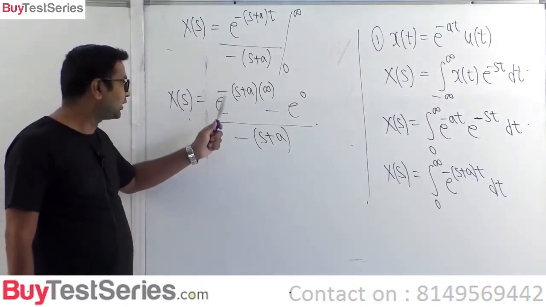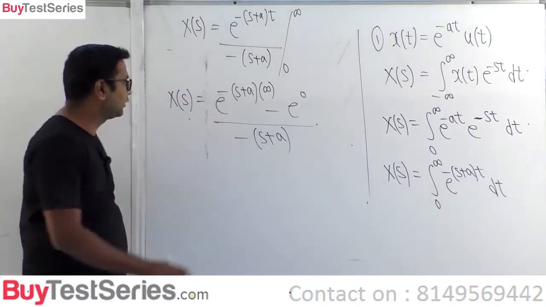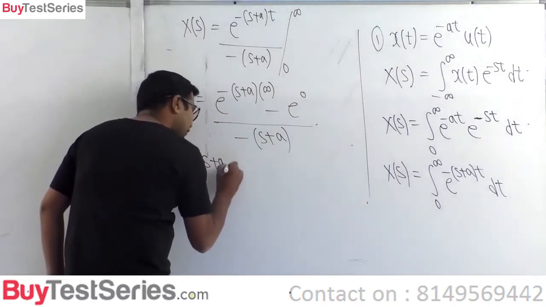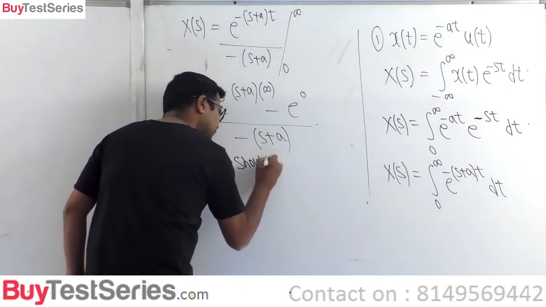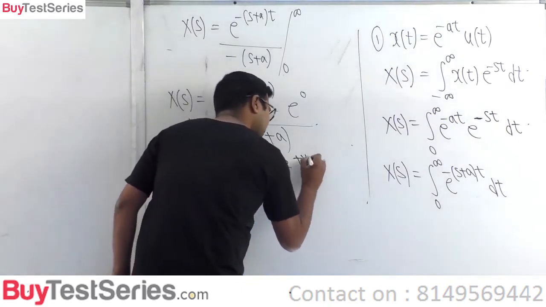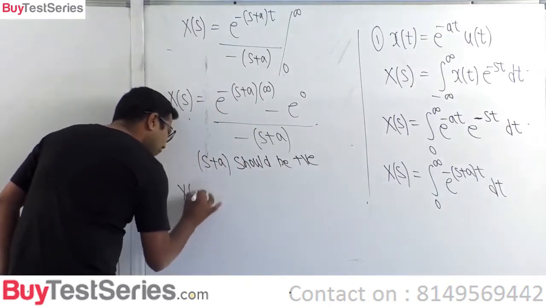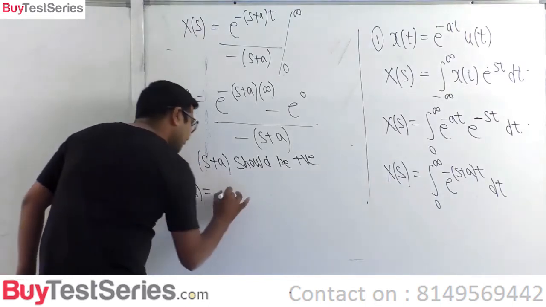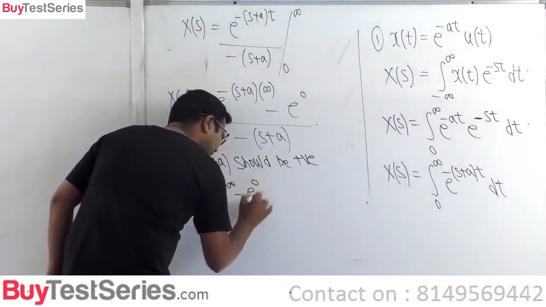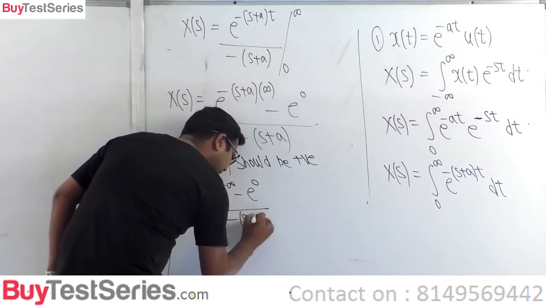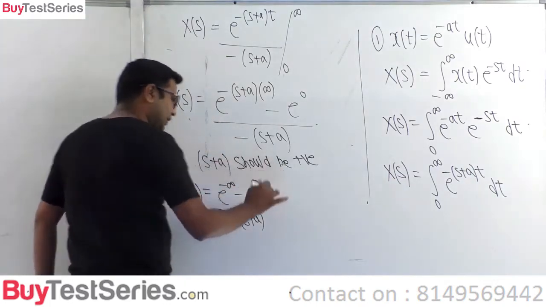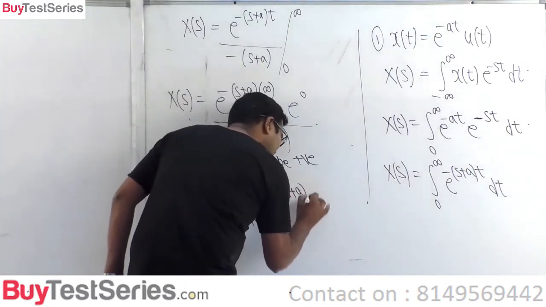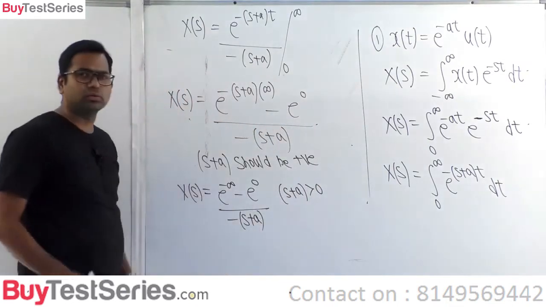For the exponential term to be e raised to minus infinity, the term s plus a should be positive. Since s plus a is positive, we write capital X of s as e raised to minus infinity minus e raised to 0 upon minus (s plus a). Since s plus a is positive, it can be expressed as s plus a greater than 0.